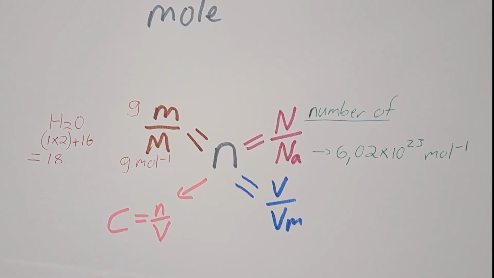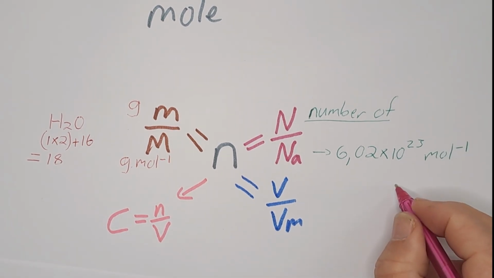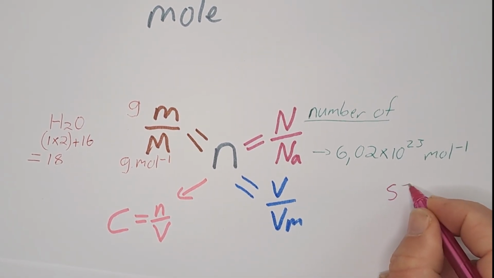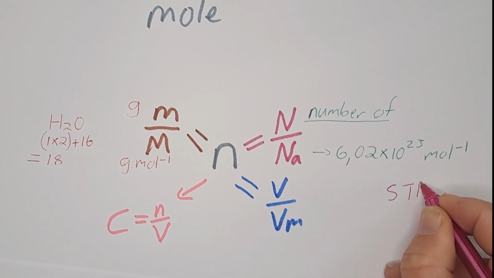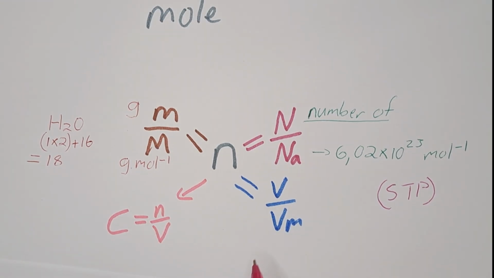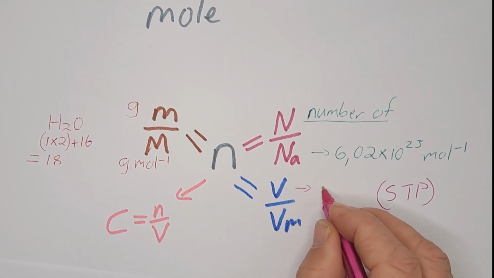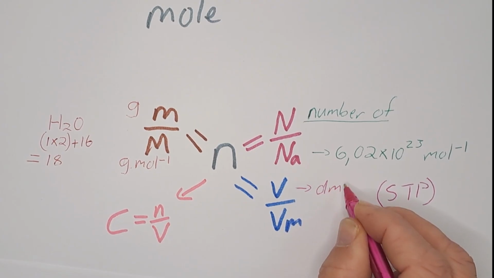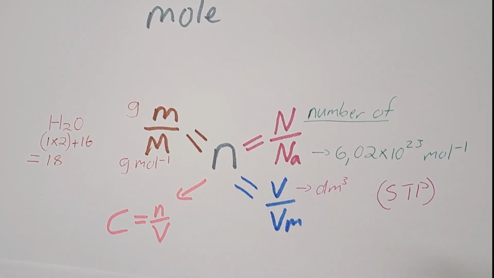Alright, that's number 2. Number 3 is where we're going to deal with a gas. Now with a gas, we are going to look for the acronym, or if they're going to say it, STP. When you see that, we know we can use this formula. So it stands for standard temperature pressure. Volume is measured in cubic decimeters. Remember your 3 there.